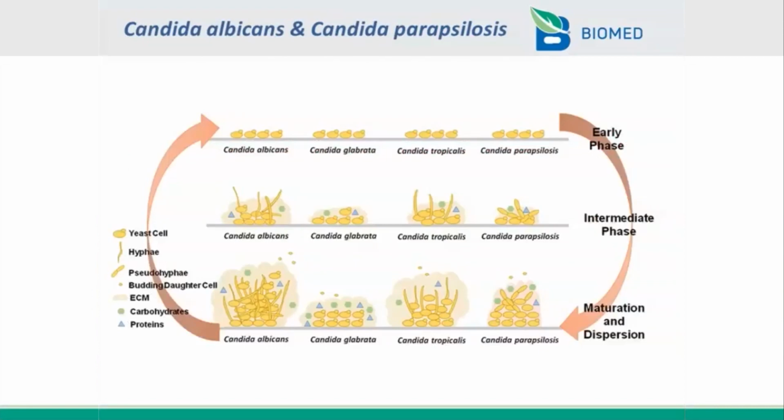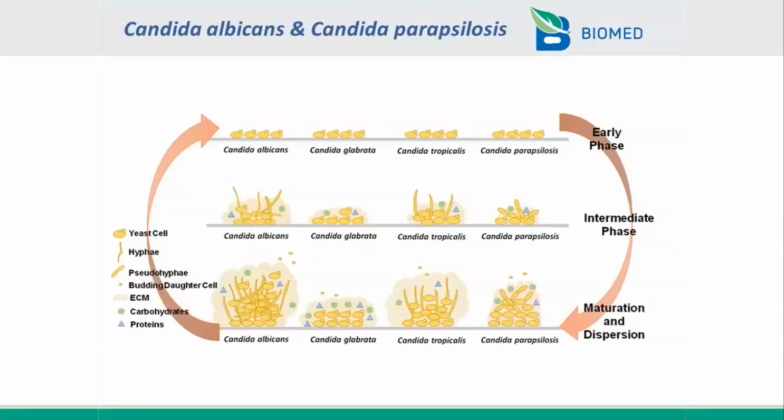All right. Two of the most common Candida species and organisms are albicans and parapsilosis. While they may be similar in their look, they're actually quite unique in their different morphology and virulent forms.